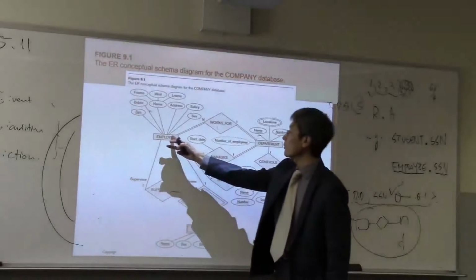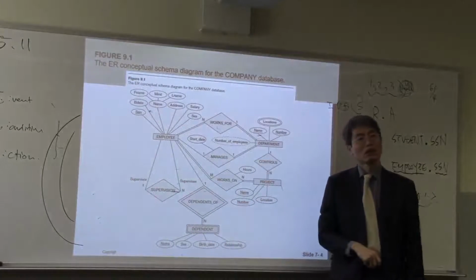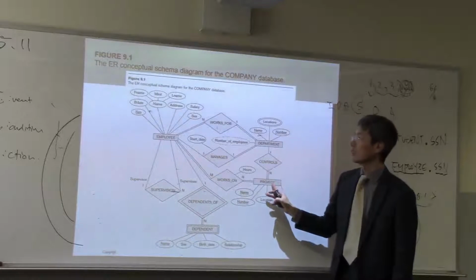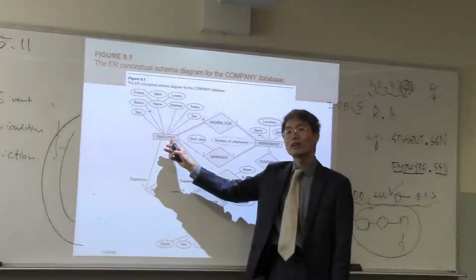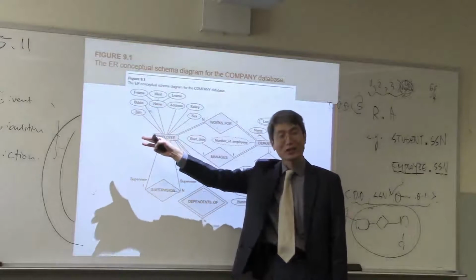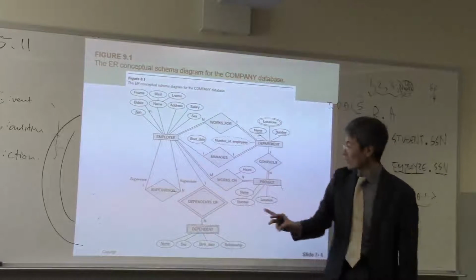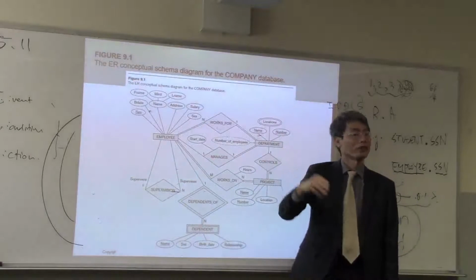So, what will be the things in the relational model? Each employee will be an employee relation, department will be a department relation, and project will be a project relation.